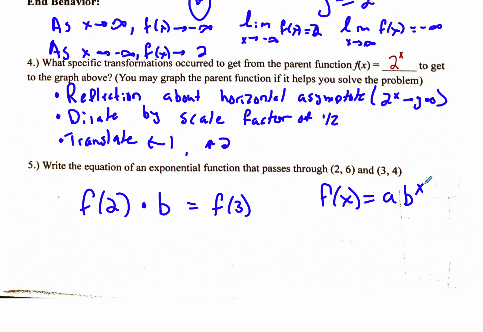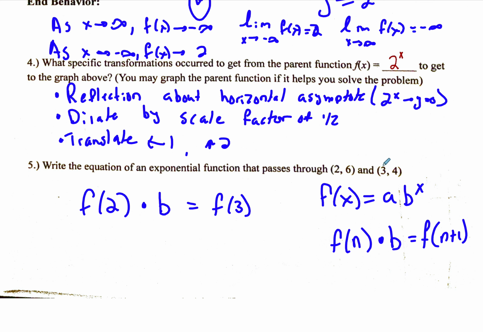And what we're operating under the assumption is that for any given number n, if you take f of n, its output, and you multiply by b, you get f of n plus 1, right? So in other words, if you take f of 2 and multiply it by b, you get f of 3.